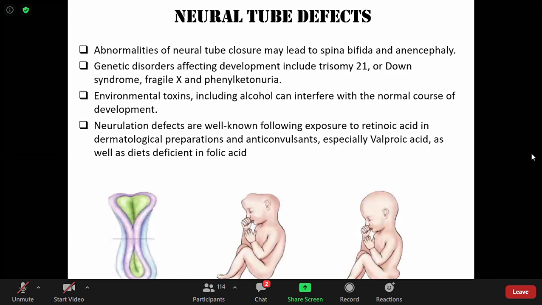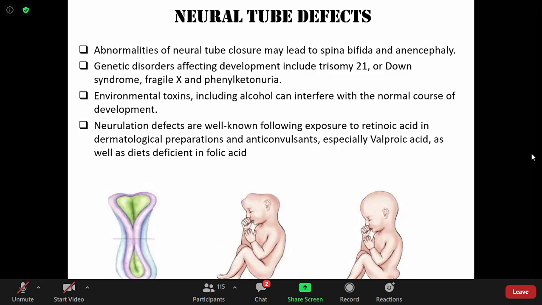So you have different abnormalities of the different portions of your brain when it is not being formed. Like your neural tube, it causes spina bifida or anencephaly. Then you have genetic disorders. Then you have environmental toxins.